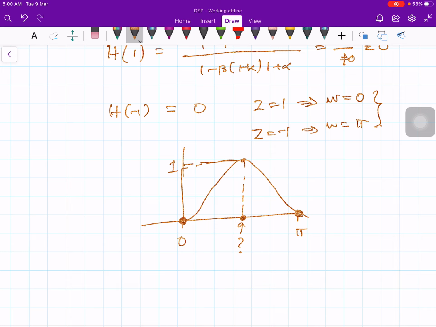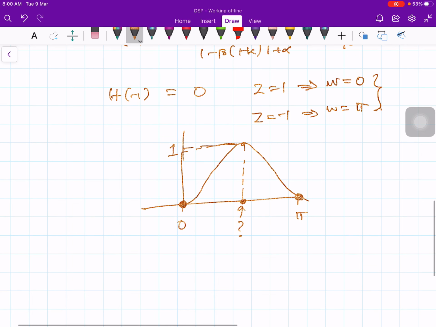Now it is a bit of algebra, okay, you can carry out and you can easily show that the maximum occurs at, let me call this frequency omega equal to omega naught, and this point is omega equal to pi, and this point omega equal to 0.